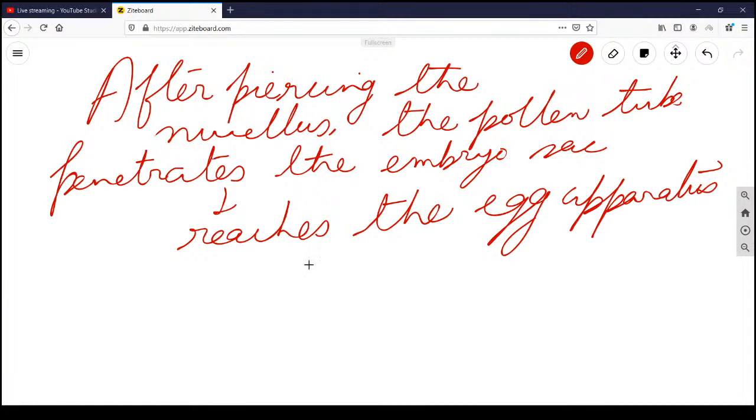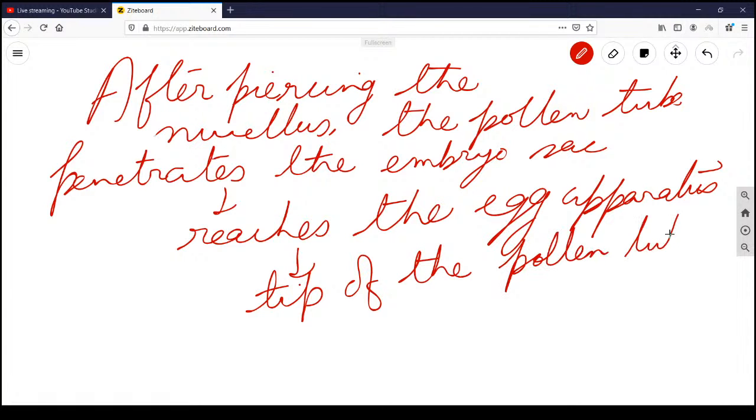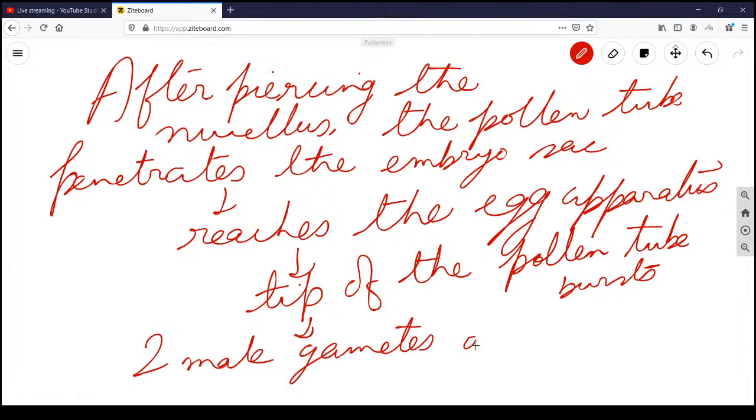Two male gametes discharged means we will have two fertilization events. That is why we call it double fertilization.